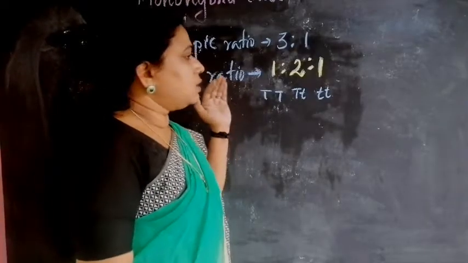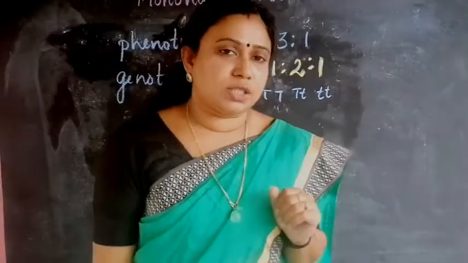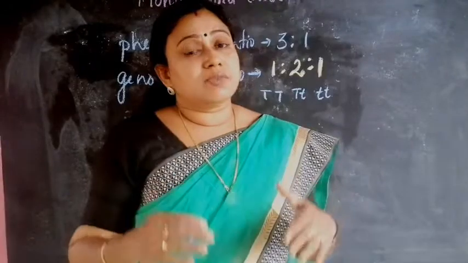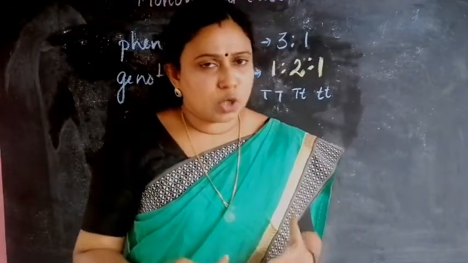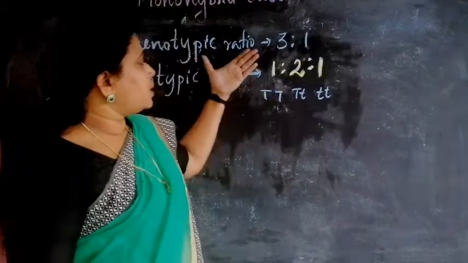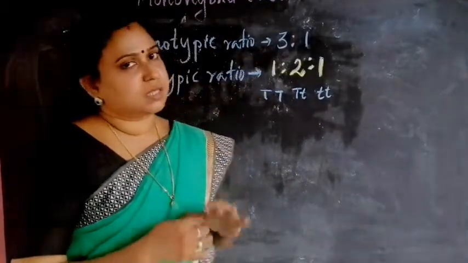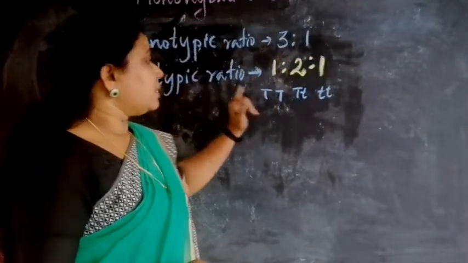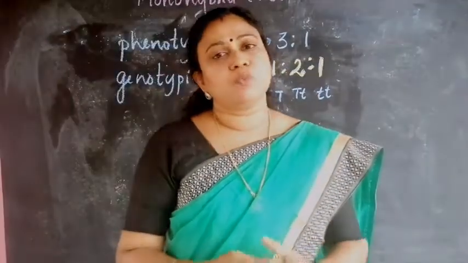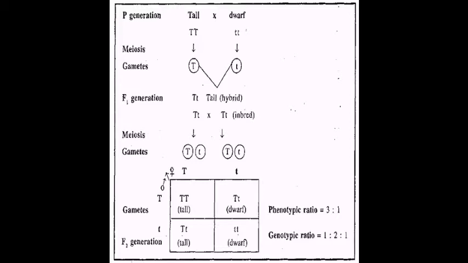Now we have done the monohybrid cross using the character height. If we take any other character in the monohybrid cross, the phenotypic ratio and the genotypic ratio will be the same. The phenotypic ratio will be 3:1 and the genotypic ratio will be 1:2:1. This is how you have to write the monohybrid cross.